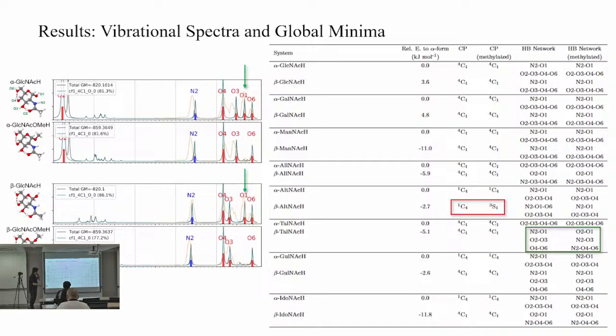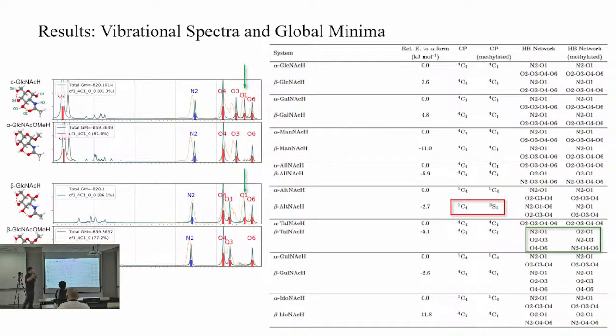And this beta thallose here also changed its hydrogen bond network. So what do we get from here? It means that in most cases, yes, after methylation you will still retain the overall conformation, but caution must be taken because 2 out of the 16 isomers have shown that a change in the overall conformation can happen.